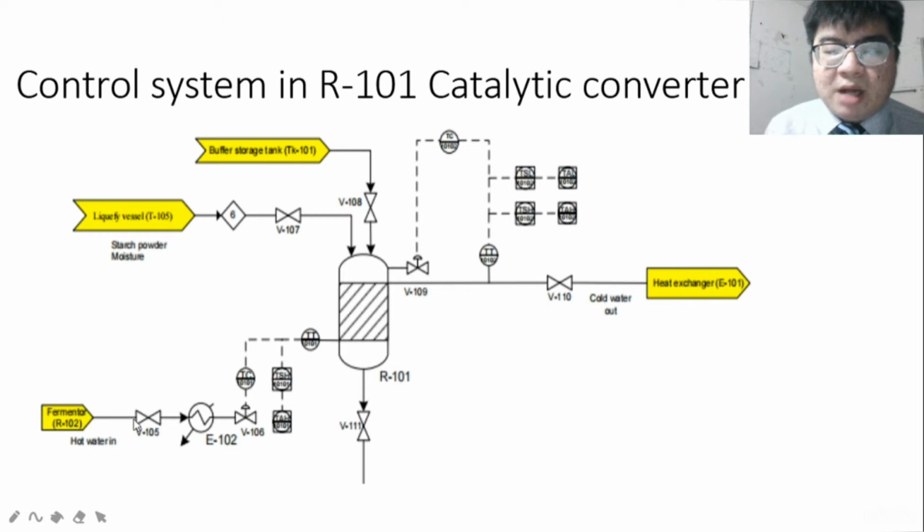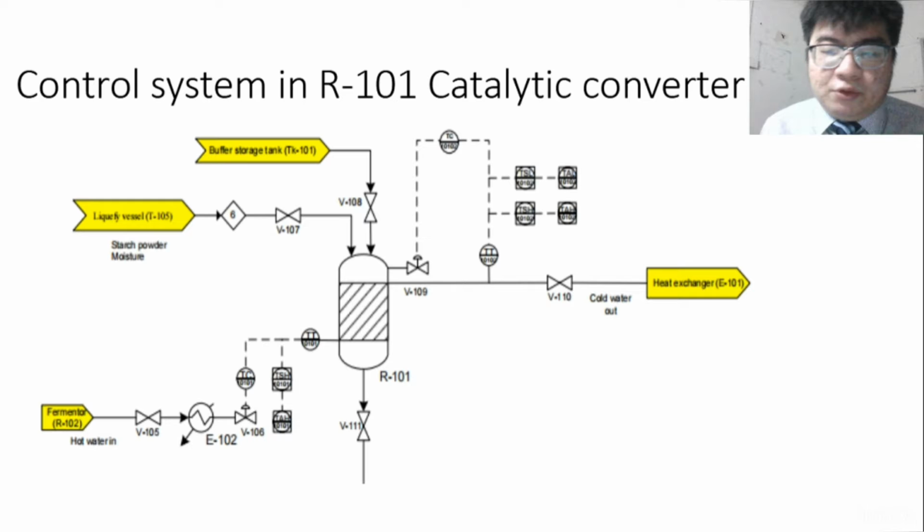This water stream comes from the fermenters and will pass through the heat exchanger to heat up the water again, then pass through the catalytic converter, and then the water will be recycled back to the fermenter. The buffer is to maintain the optimum pH of the enzyme.